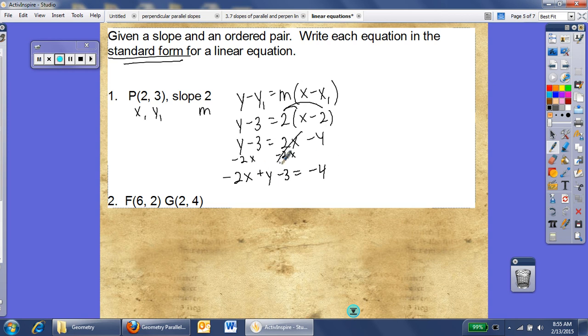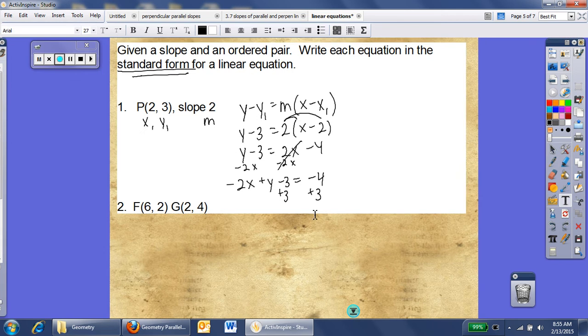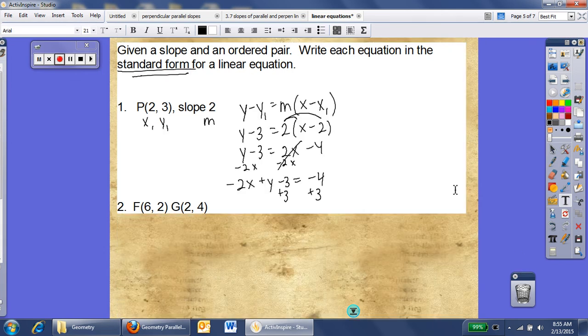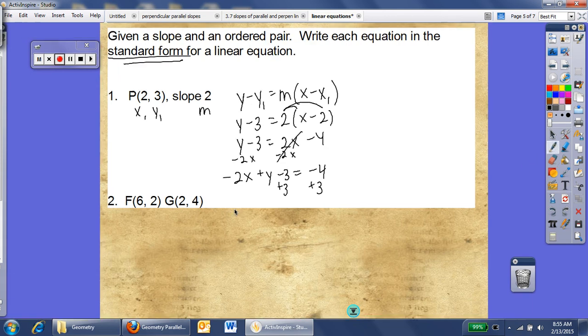And the x's and y's are fine. I need this negative 3 to move to the right. So add 3 to both sides. And this is going to give me negative 2x plus y equals negative 1. Now this is in standard form, so I'm done here.